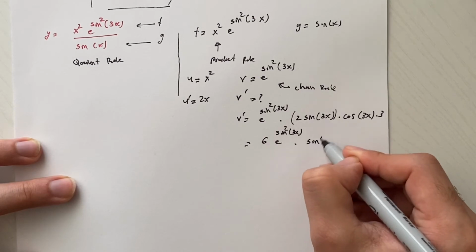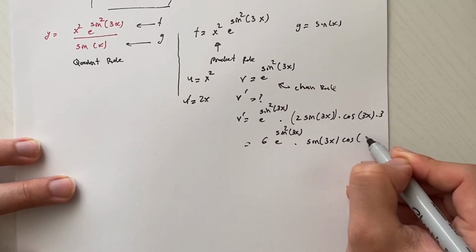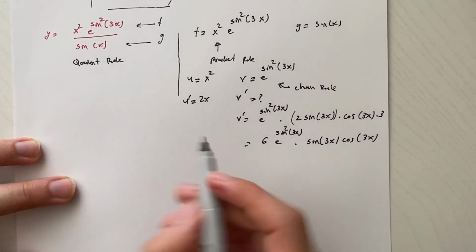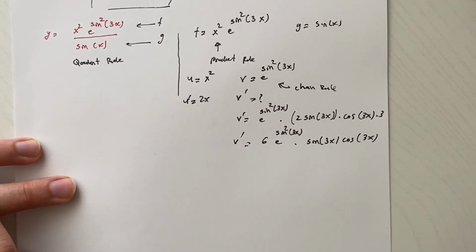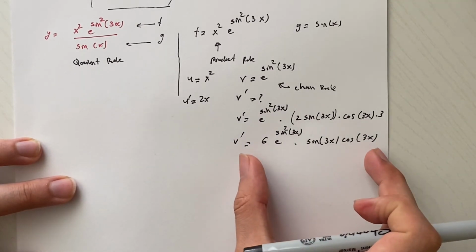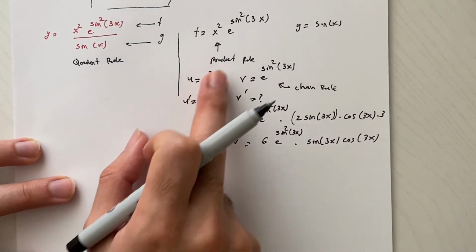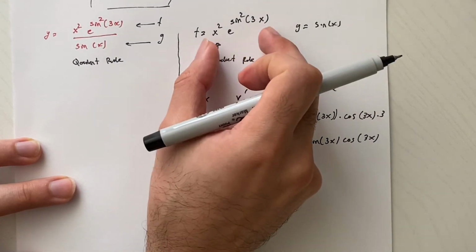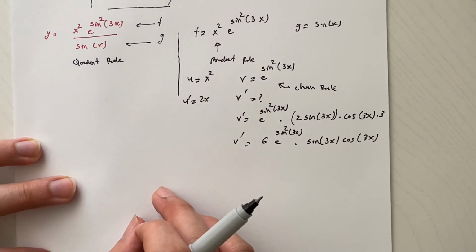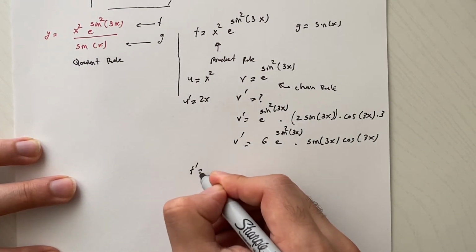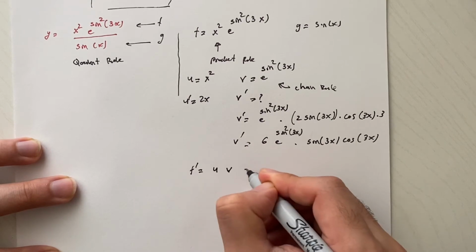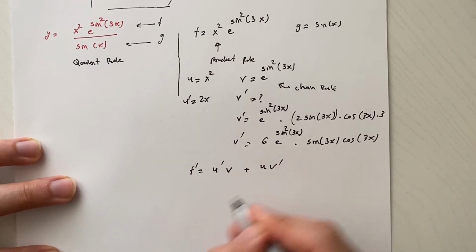I'm just writing this term again. Now we have v prime. So now we have u prime and v prime. Now we are ready to use the product rule to find f prime. This is the product rule.